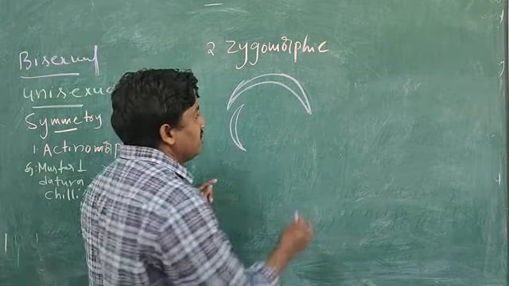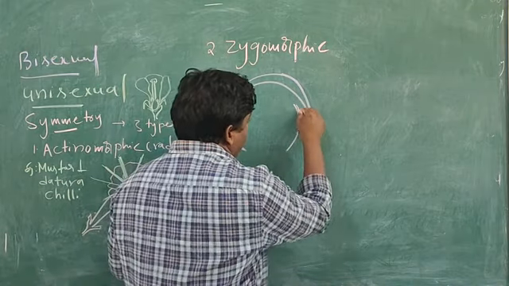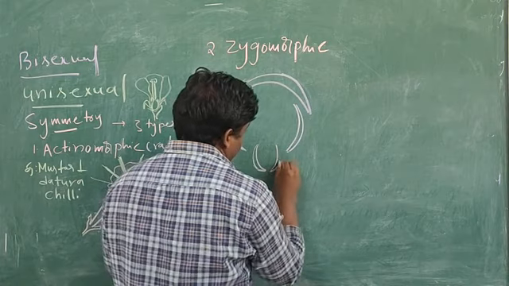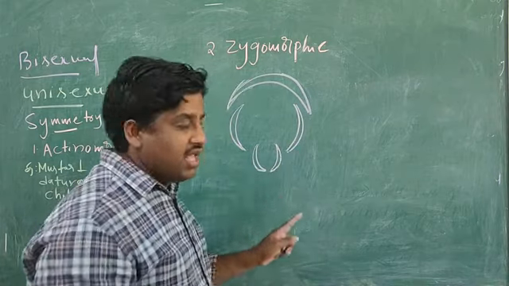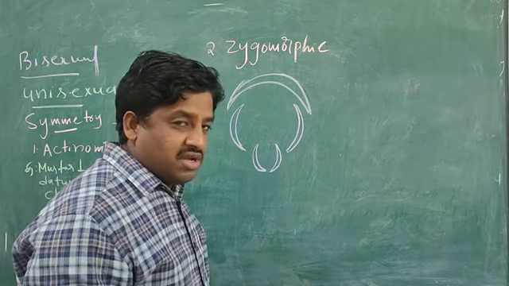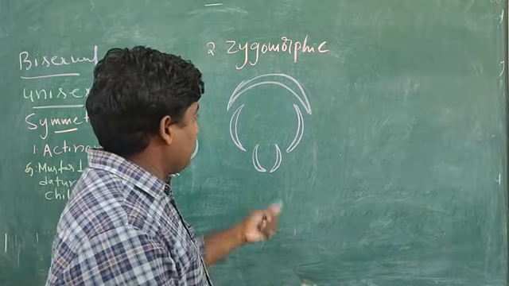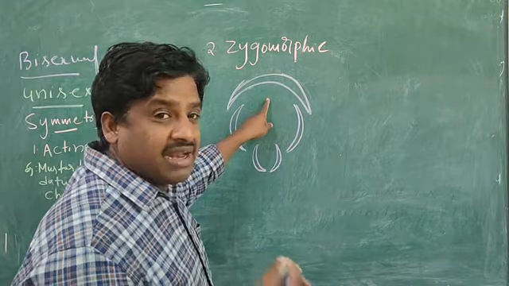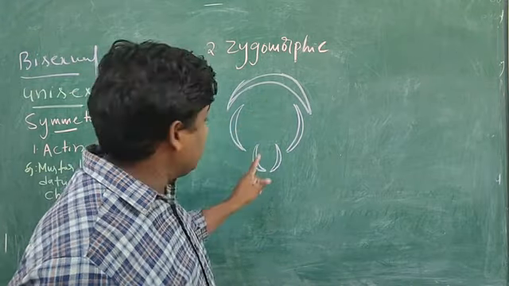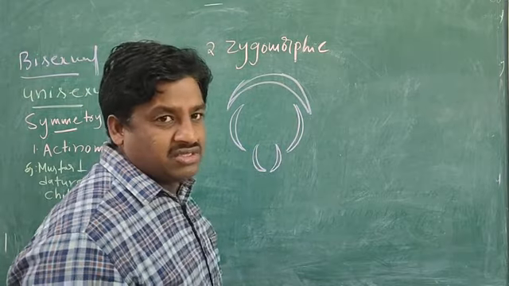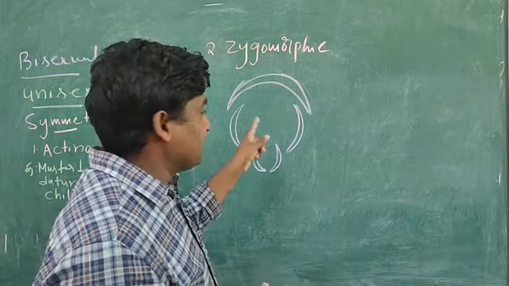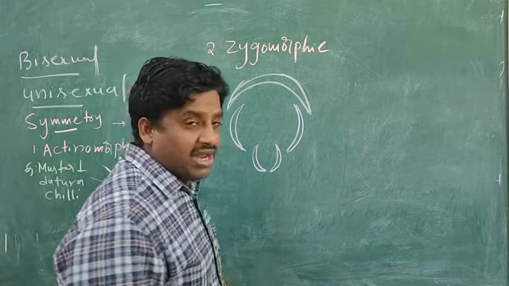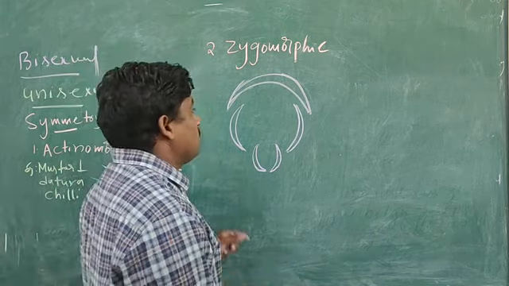You have to draw like this. Directly drawing the flower is a little bit difficult, so I will show clearly with a floral diagram. Some symbol like this, that means you have to draw like this. The corolla, sorry, corolla, not calyx, corolla.